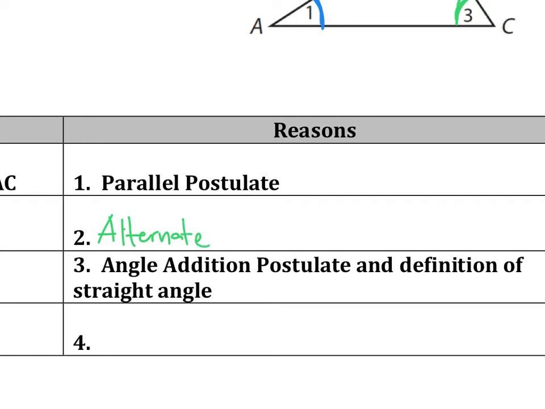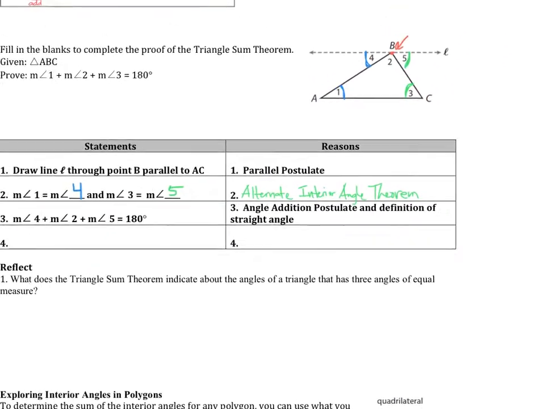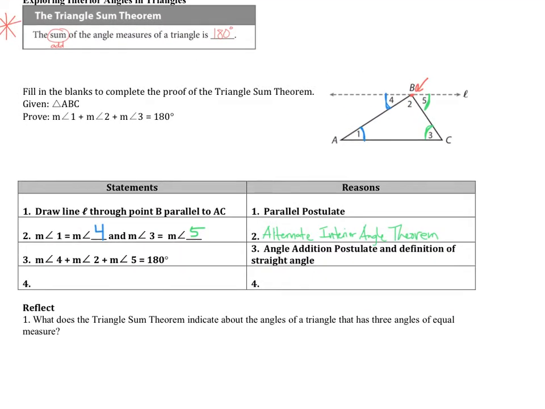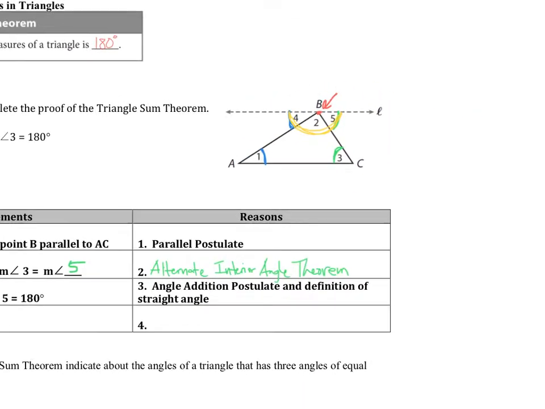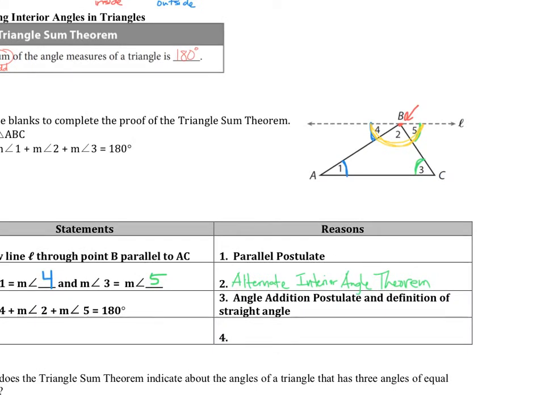So that is the alternate interior angle theorem. And the third step says angle 4 plus angle 2 plus angle 5 has to equal 180. So all of these right in here, 4, 2, and 5 has to equal 180 because that's your angle addition postulate. If you add them all up, it equals the big angle, and that angle is a straight angle, so it has to equal 180 degrees.